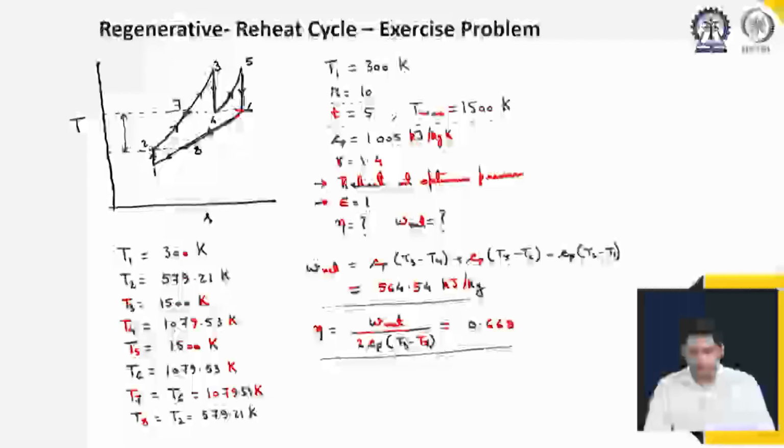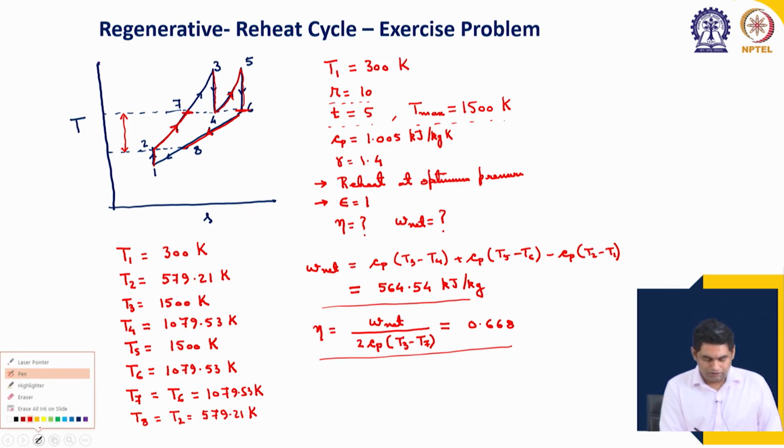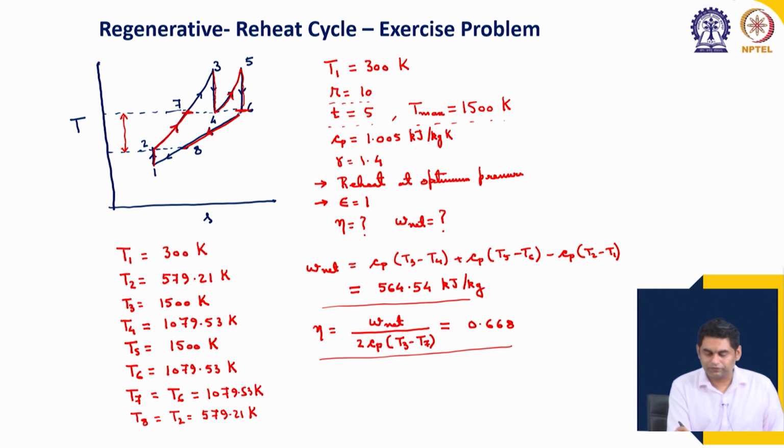So, we can think of it in terms of the cycle. When reheat is added, let us use another color, the exhaust gas temperature increases.